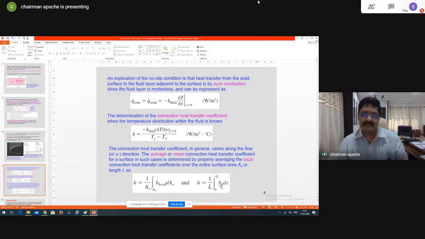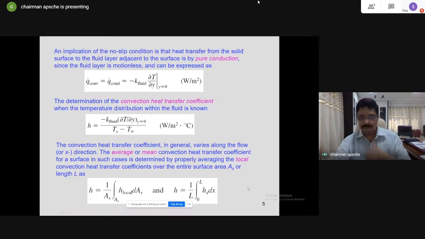So it's area integration or length integration, whatever you decide, but this is quite popular and easy, and therefore this is the equation people use.